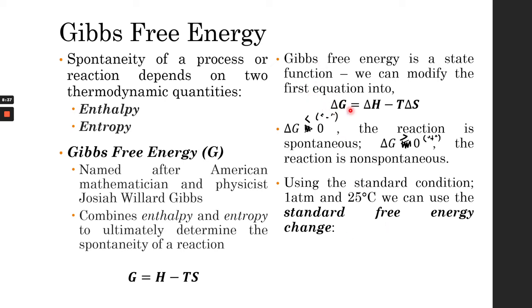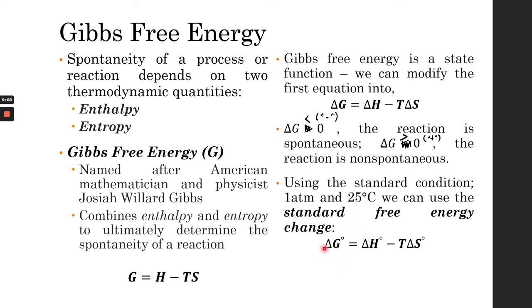So this is a free energy change, or delta G, a change in free energy. But by adding a standard condition of 1 atmosphere and 25 degrees Celsius, we can create a standard free energy. This is the equation that we have to use to measure the standard free energy change, meaning the delta G at 1 atmosphere and 25 degrees Celsius in the reaction.